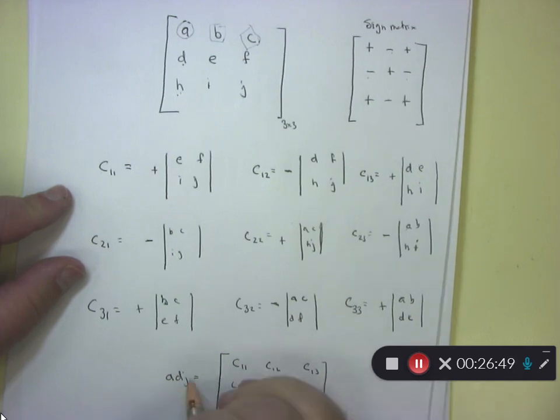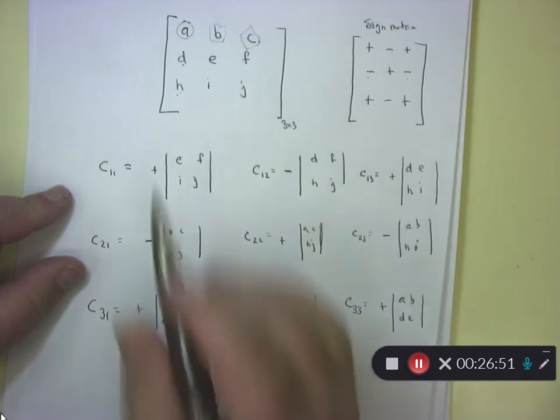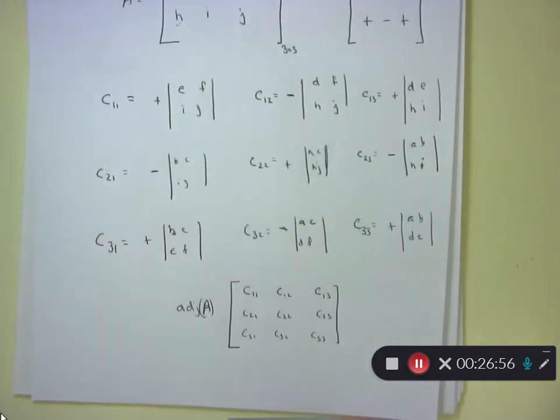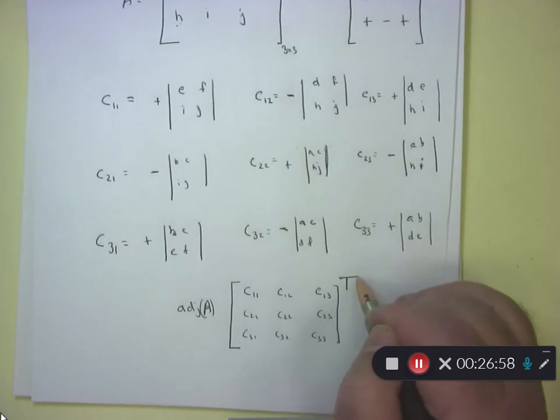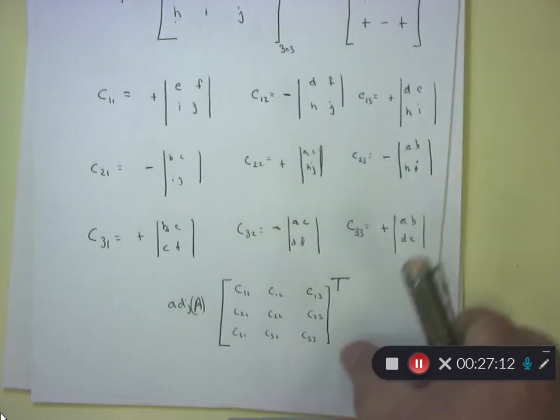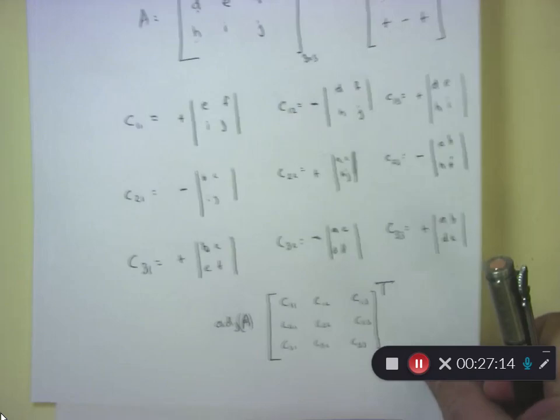To make the adjoint of the original A matrix, the only other thing you have to do is transpose it. Rows become columns, columns become rows. Does that make sense? Again, why do you care? Because we tell you to. But no, more important than that, there's a reason why you want to do this.